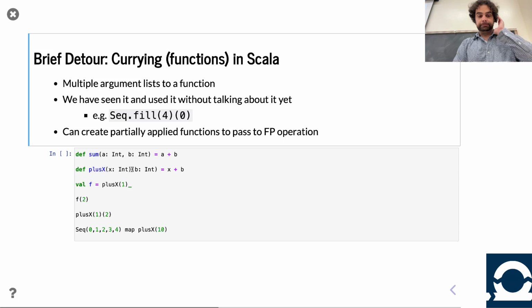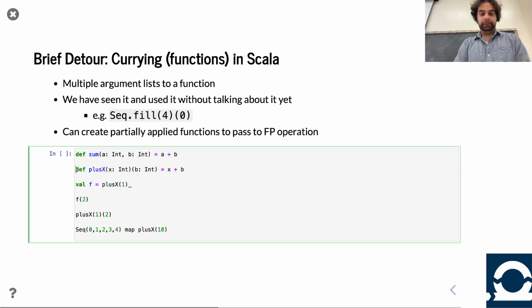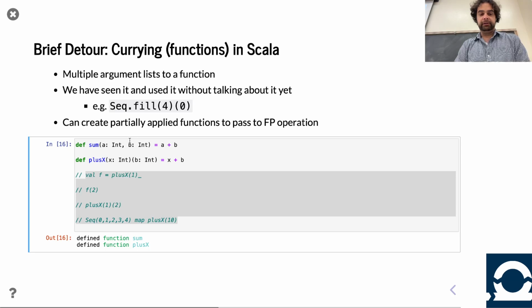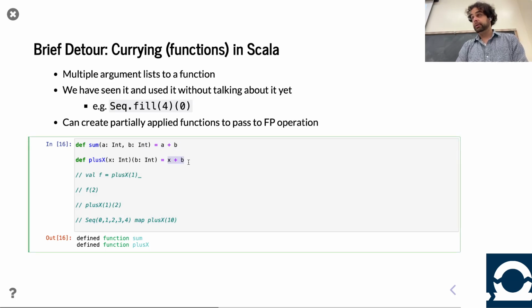Let's see this play out. I could define two functions, sum and plus x. They both add two numbers. In order to get a number out the other end, at some point you're going to need to give it two numbers, right? That's inevitable.